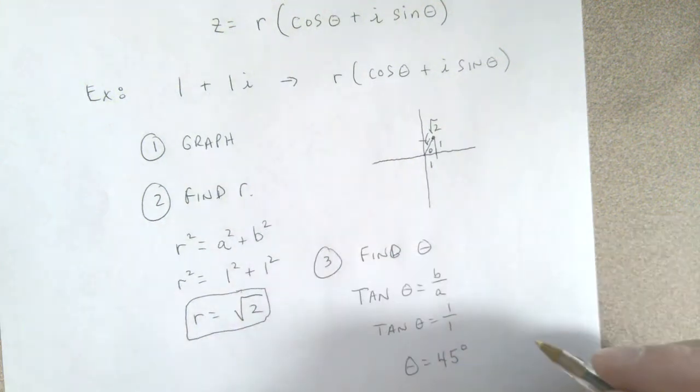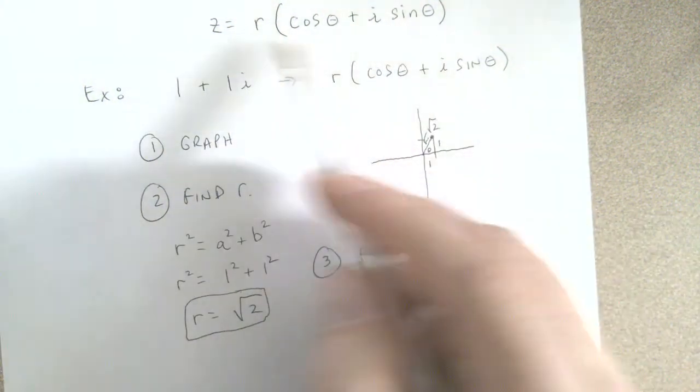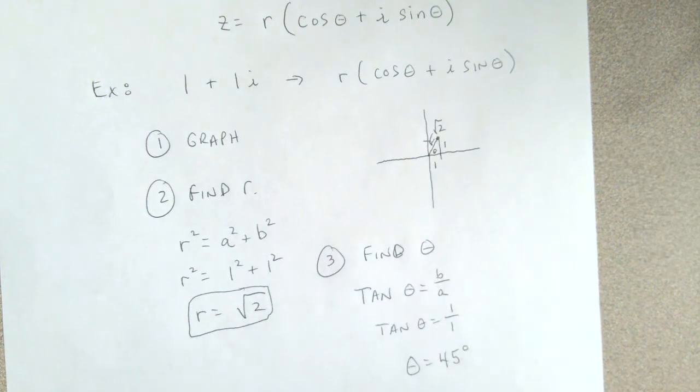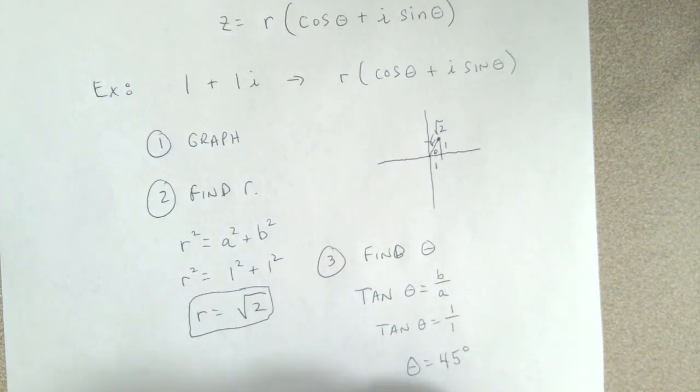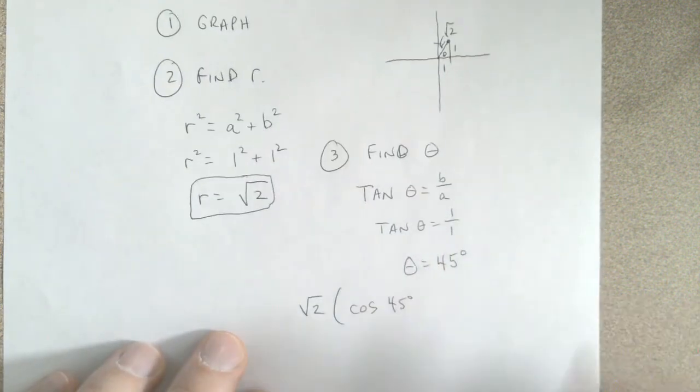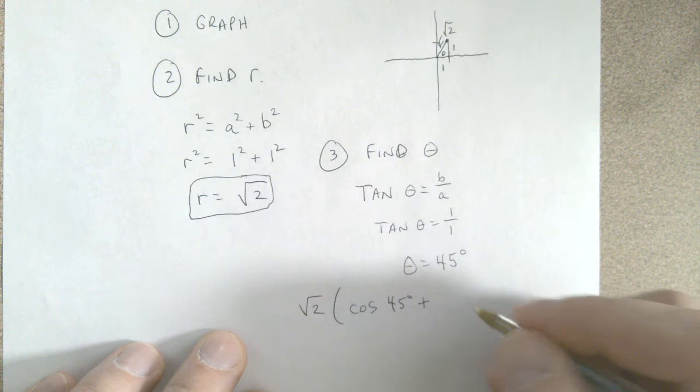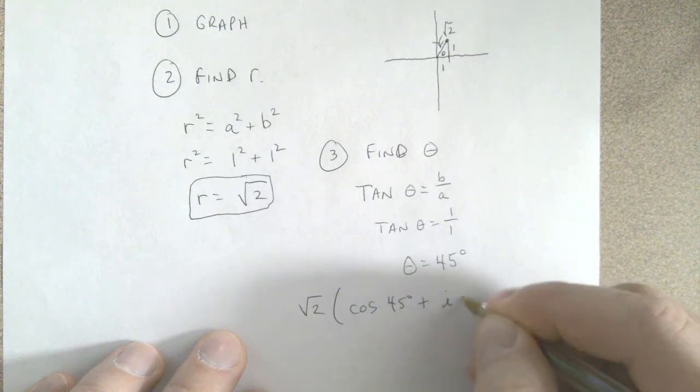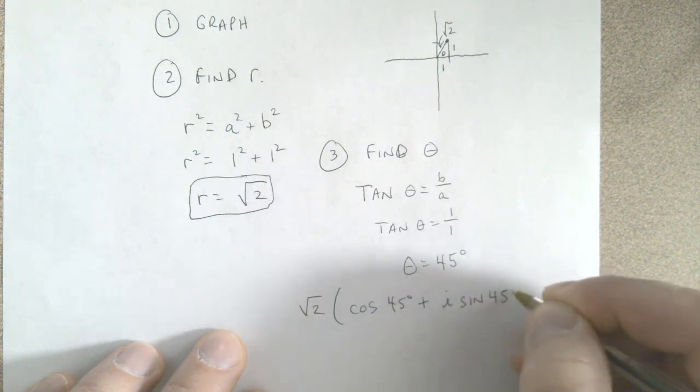Going back up to our standard trig form, we're going to say it's radical 2, parentheses, cosine of 45 degrees plus i sine of 45 degrees.